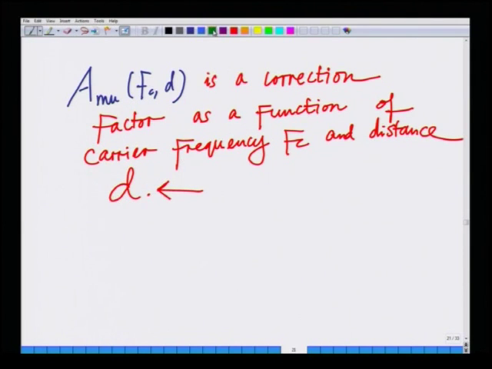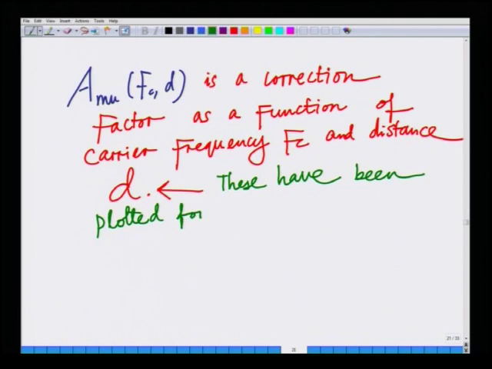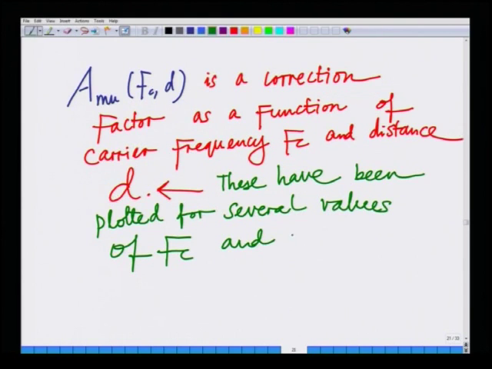Actually, these have been tabulated for several frequencies and distances. Or rather, these have been plotted for several values of FC and D.